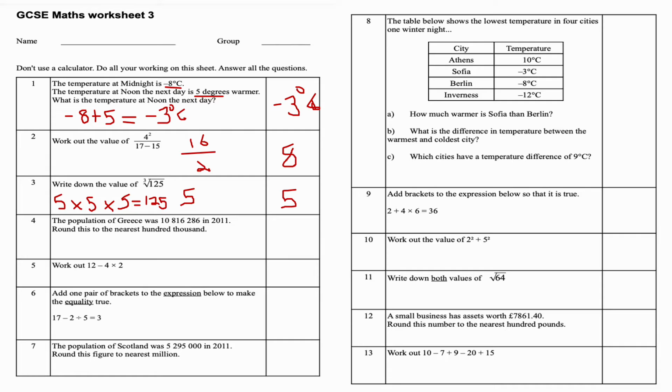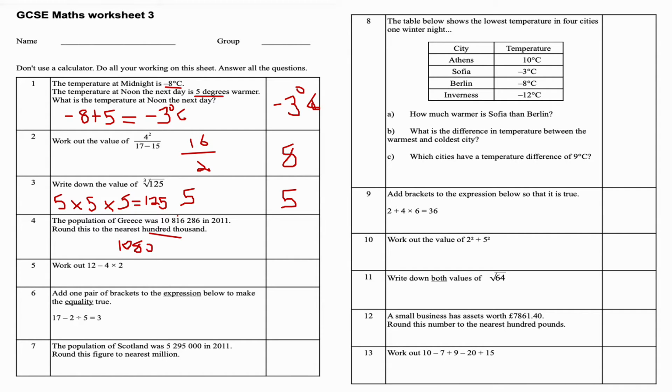Right, guys, this is question number 4. The population of Greece was 10,816,286 in 2011. Round this to the nearest 100,000. So we're going to look at the number after the 100,000 column. That's a 1. So it's going to be 10,800,000.